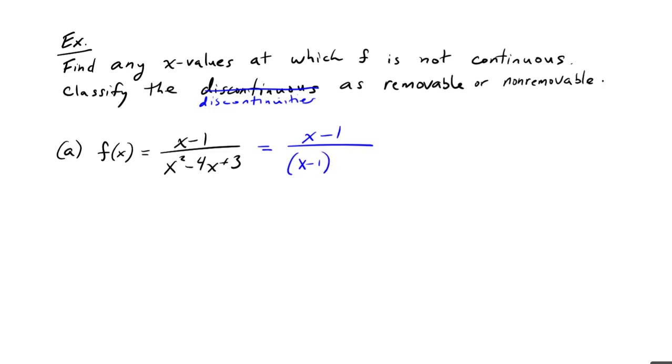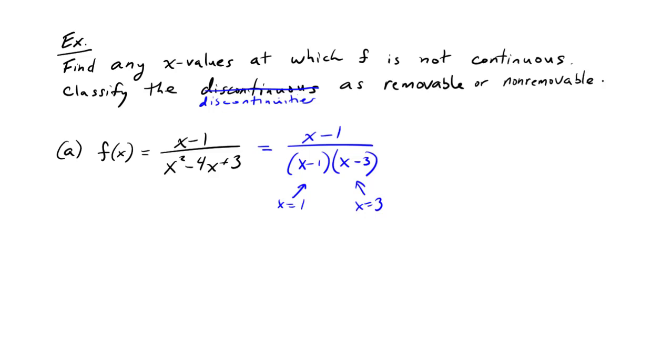I get x minus 1 over x minus 1 times x minus 3. Okay, so I automatically know that there are a couple points not in the domain here, x equals 1 and x equals 3.